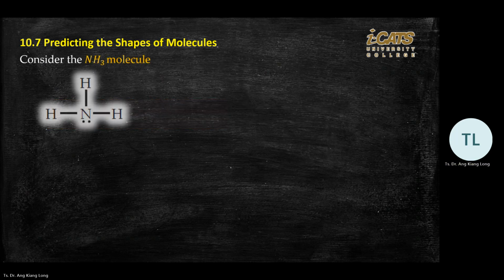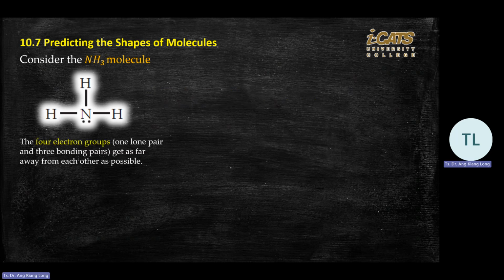Consider this one, the NH3 molecule. So you have a lone pair there. If you have a lone pair, I think you can imagine this one will push the two bonding H's to the top. You push like that, right?